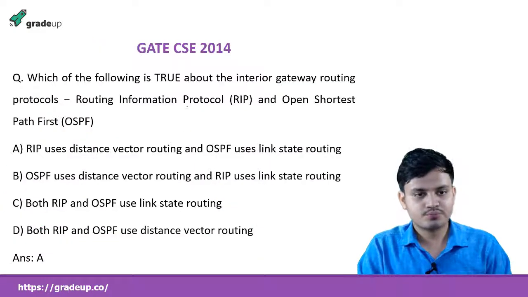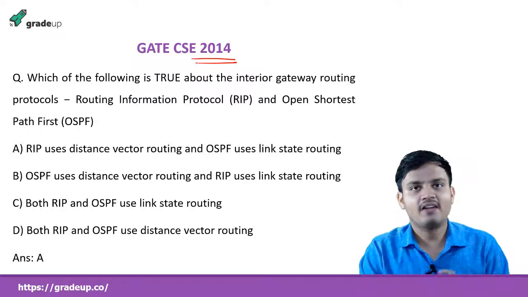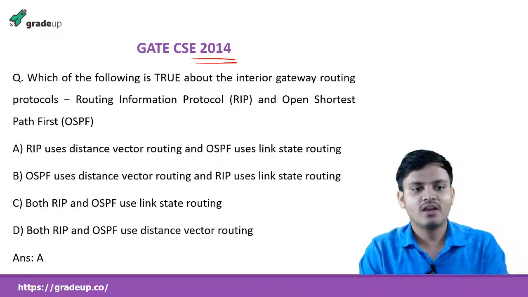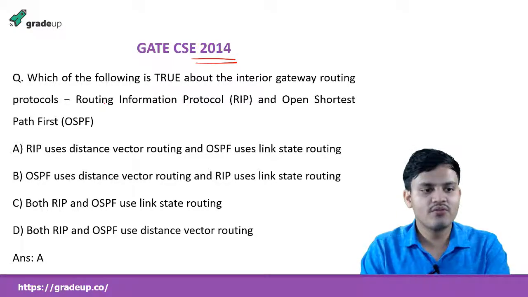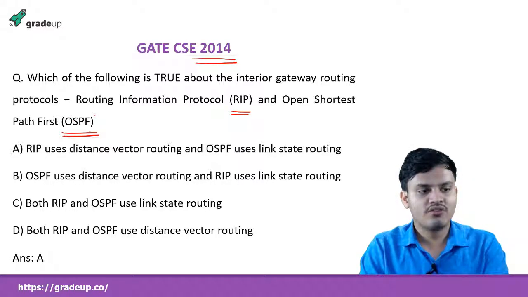This was asked in GATE 2014. In computer science most things are logical, but for some things we need to remember. This is one where you need to remember RIP and OSPF, where we use them.